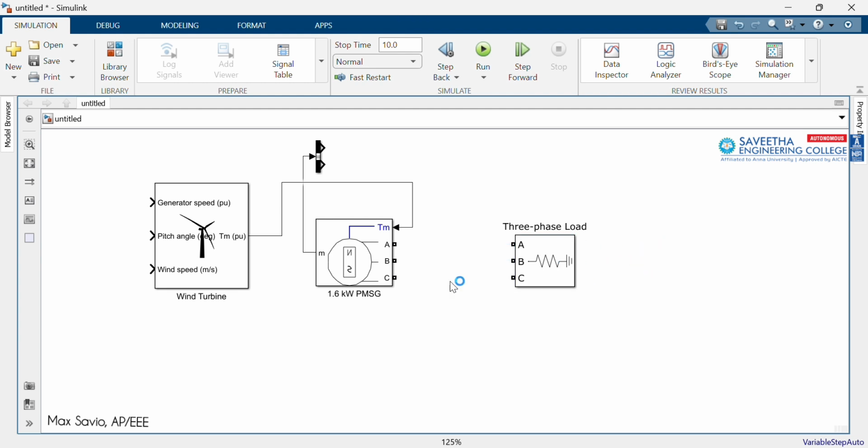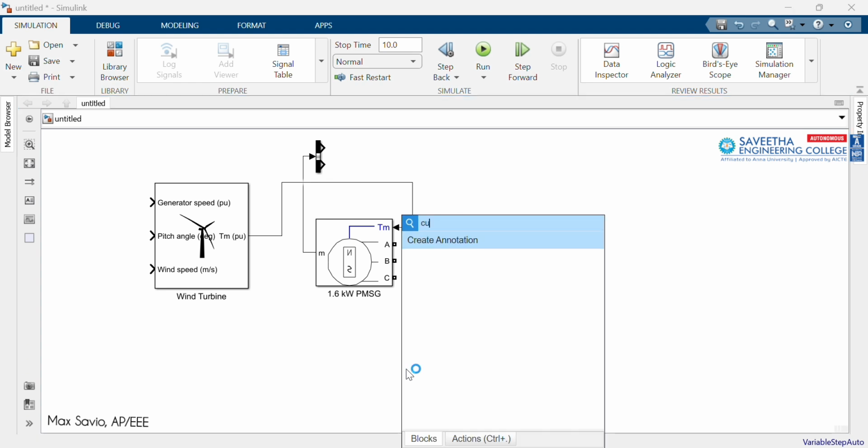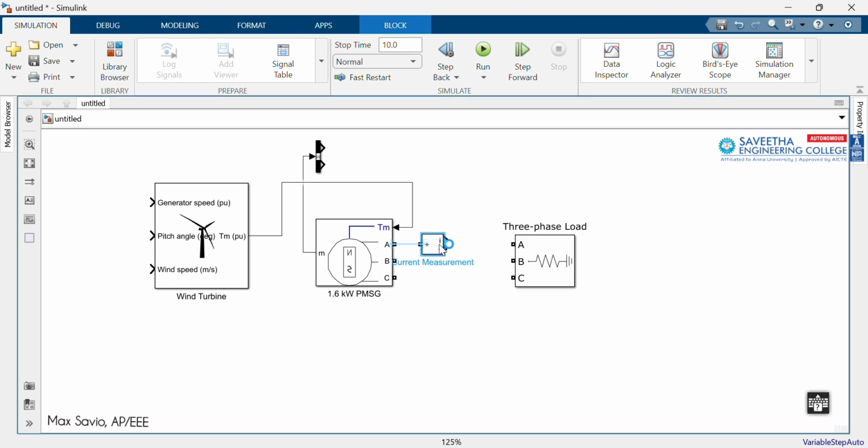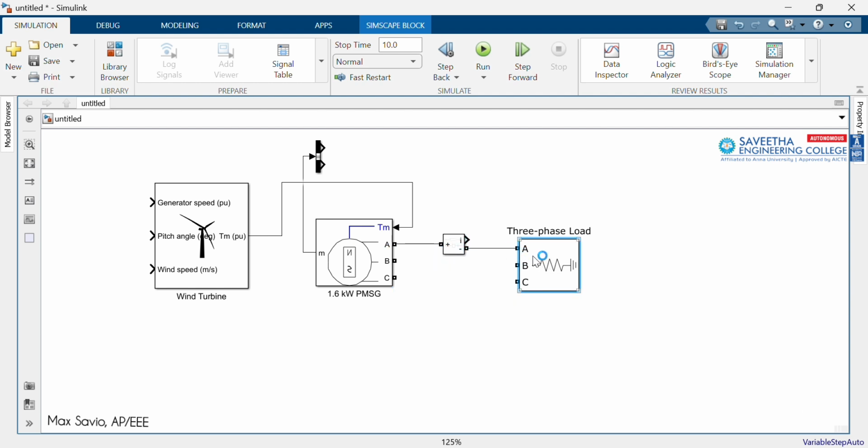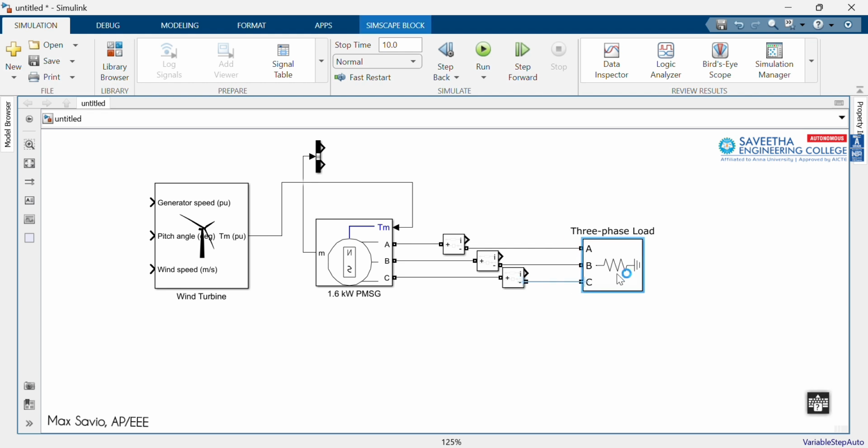I also want to measure the current across each phase, so I'll use current measurement. I could use the three-phase current measurement system, but I'll use this because I need to fetch more details. Connecting the ammeter across through all the terminals. We are measuring the line current in this, so we have the line measurements to be done.